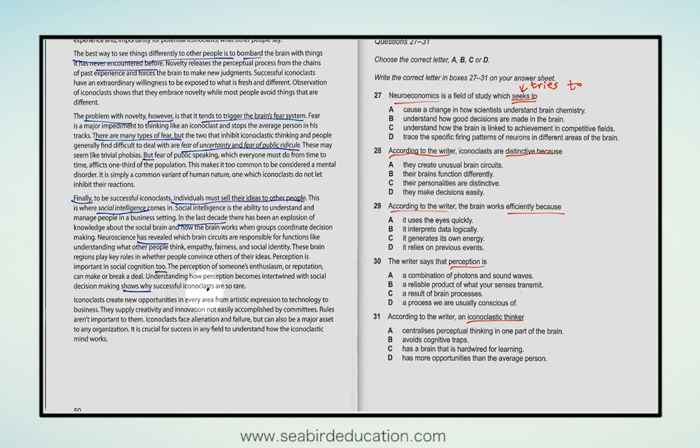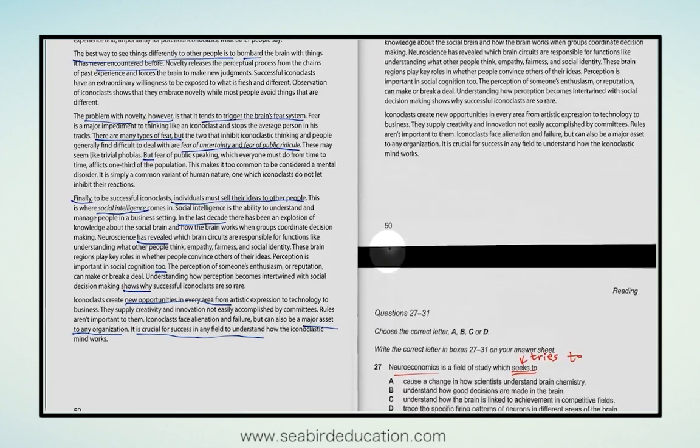Conquest creates new opportunities in every area, from artistic expression to technology to business. We saw that word asset. It's crucial. Major asset. Where did we see that word asset?